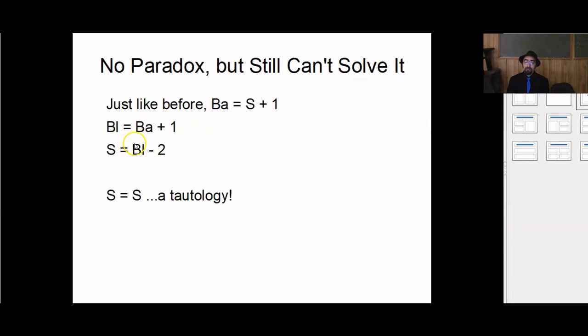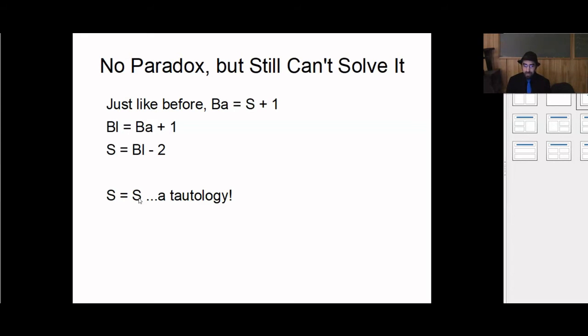So what we get, strawberries cost 2 less than blueberries, blueberries cost 1 more than bananas, bananas cost 1 more than strawberries. When we combine those to try to get a solution, instead what we get is that the strawberries cost what the strawberries cost. It's not wrong, but it's a tautology. A tautology is a statement that must be true by definition.